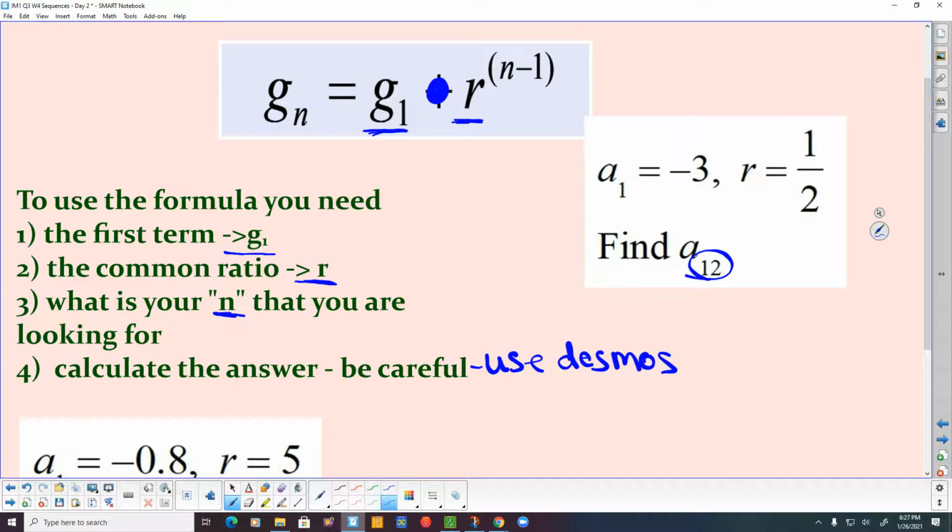First, let's write my formula for this one right here. G of 12, because that's what they're asking me for, even though it says A, remember it's a G, equals my first term, which is negative 3. What's my ratio? 1/2, to the power of, they want the 12 minus 1 term. Negative 3, 1/2, 12 minus 1.